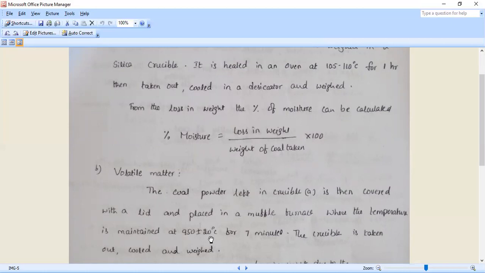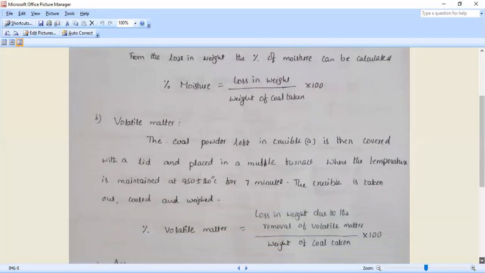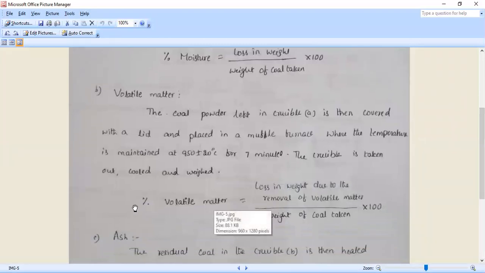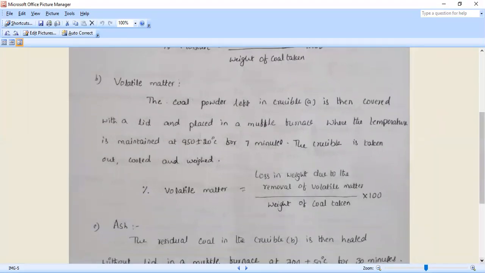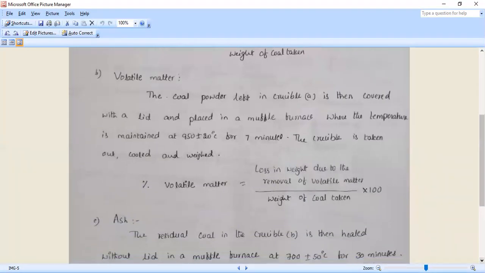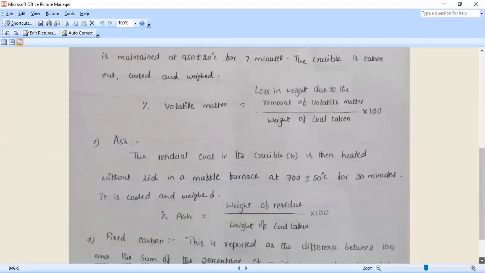Then the crucible is taken out, cooled in the desiccator and weighed. The percentage of volatile matter equals loss in weight due to the removal of volatile matter divided by weight of coal taken, times 100.